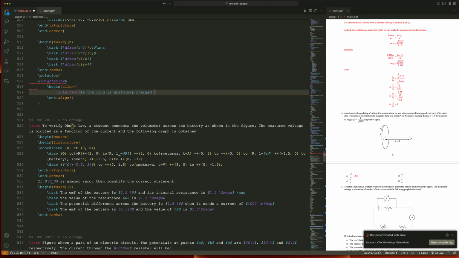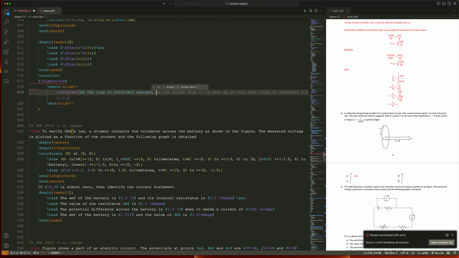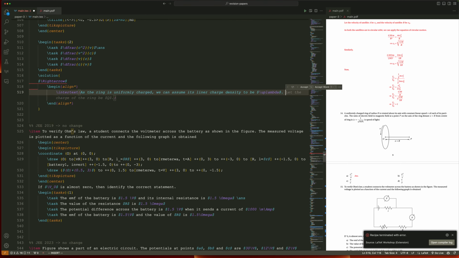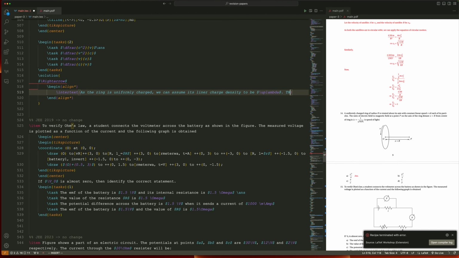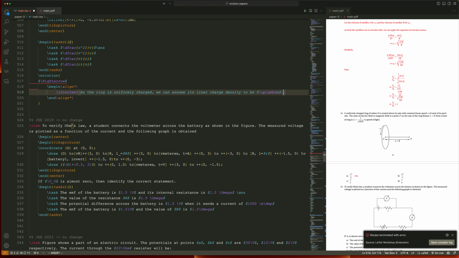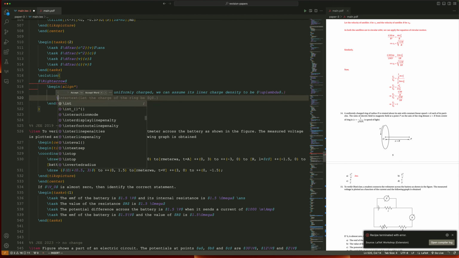And we can assume its linear charge density to be lambda. Let me proceed.